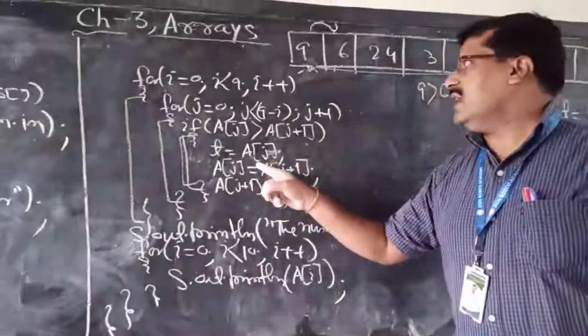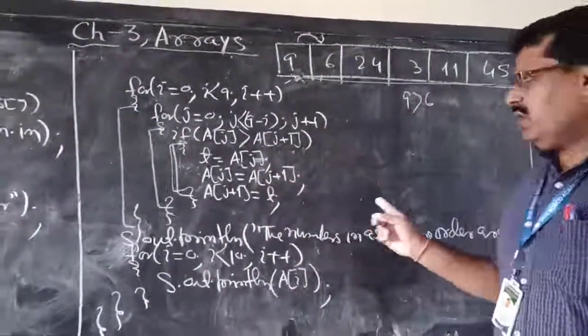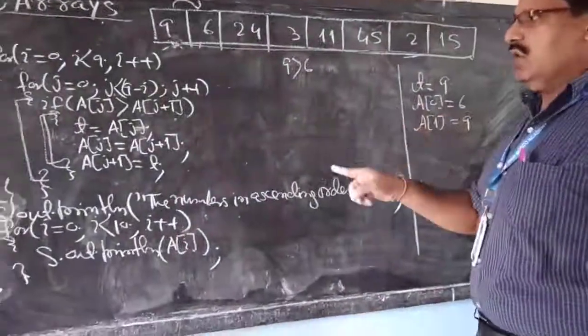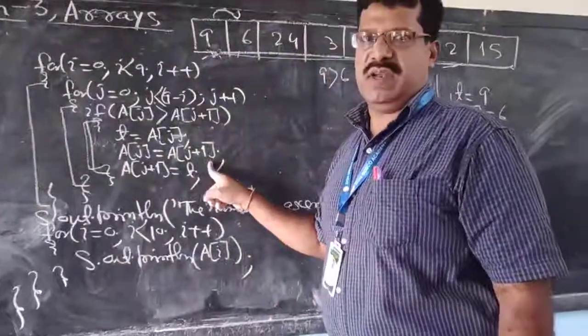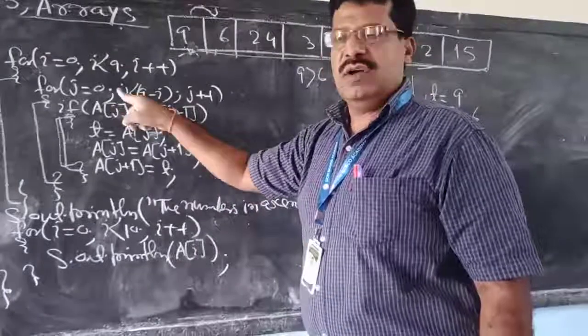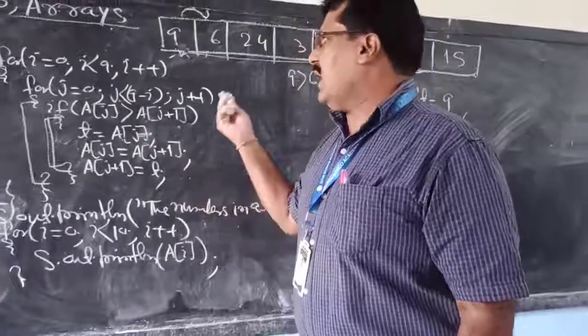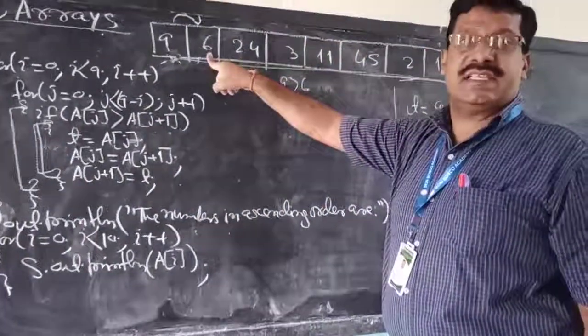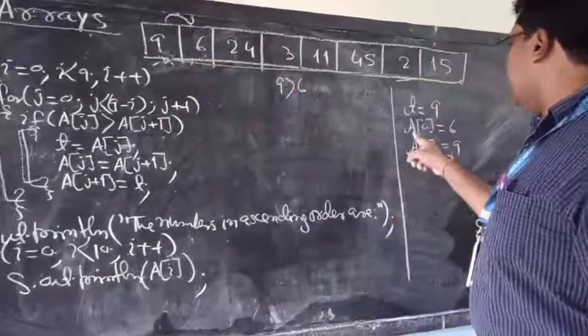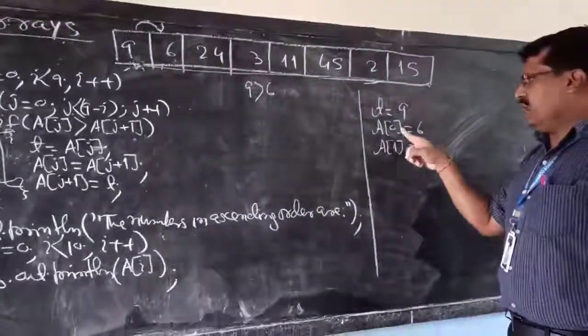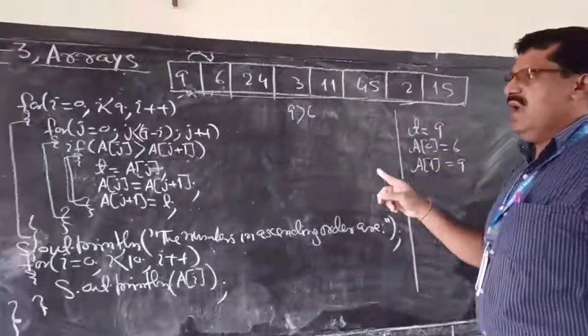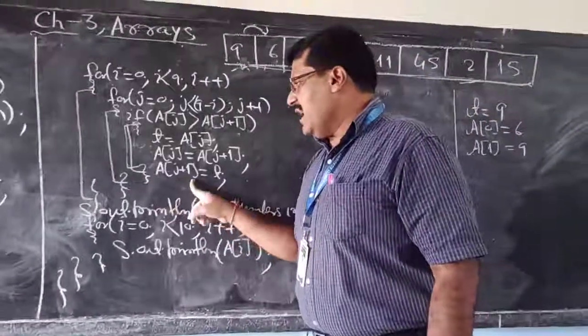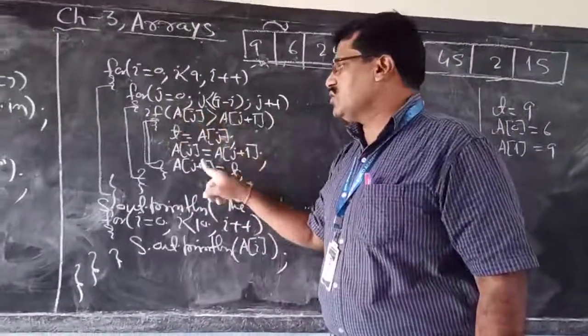Now a[j], meaning a[0], = a[j+1]. The j value is 0, so 0 plus 1, a[1]. At a[1], 6 is there. So at a[0], 6 came. Again a[j+1] = t. The j plus 1 is 0 plus 1, a[1].